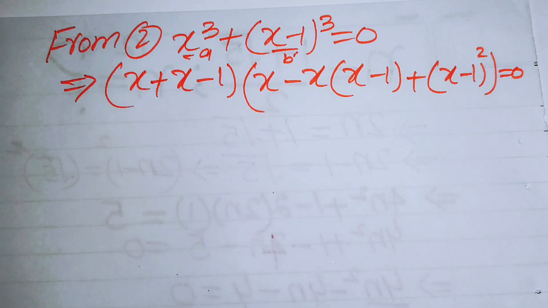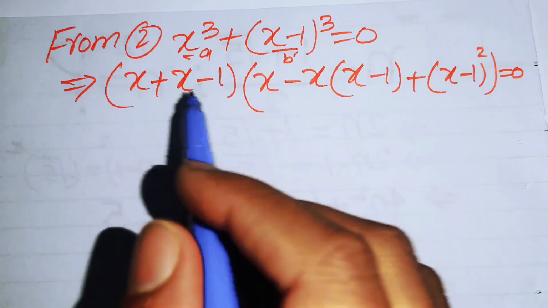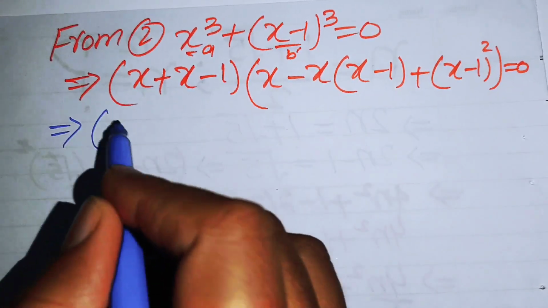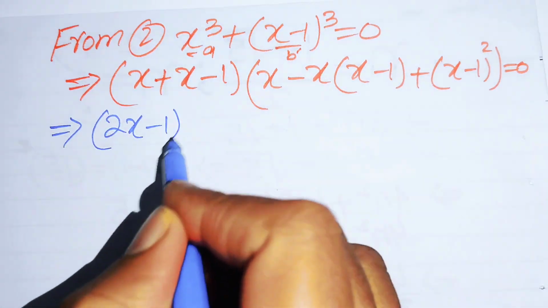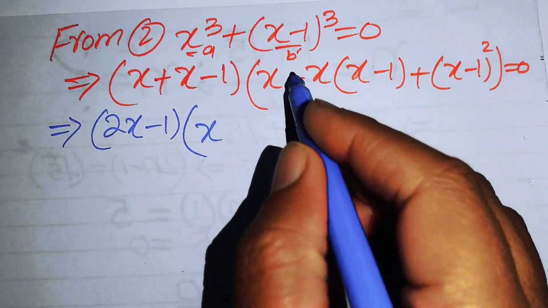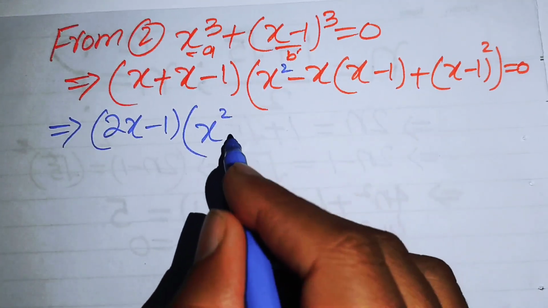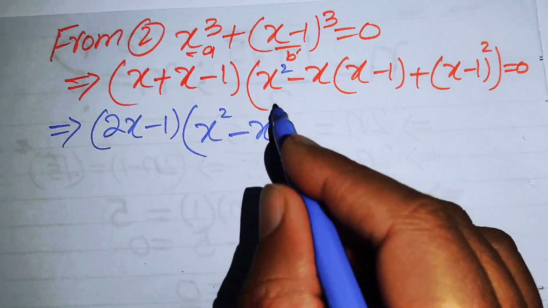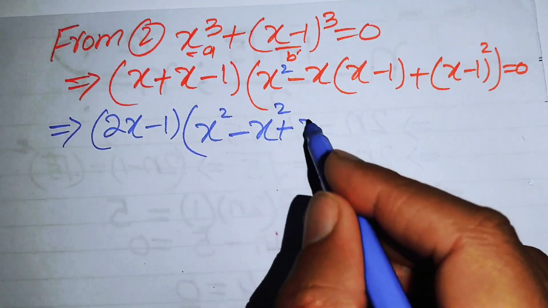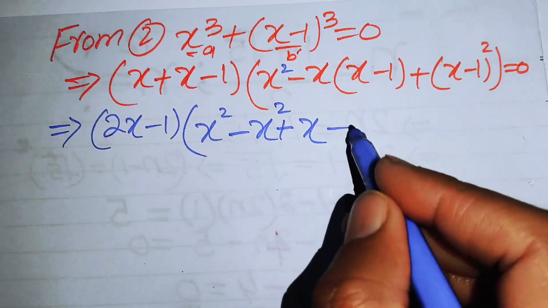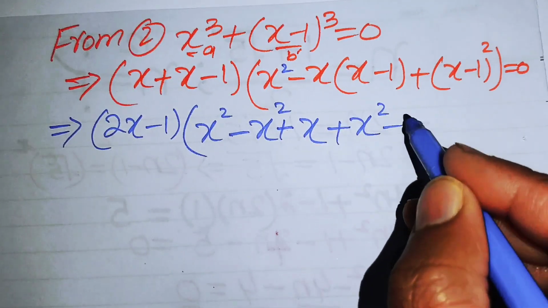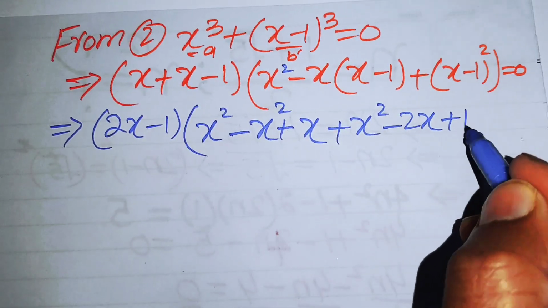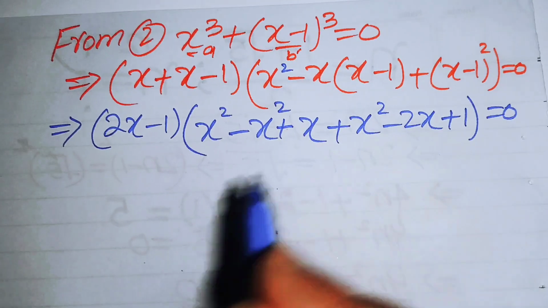And now in the next step we simplify this equation and we obtain 2 times of x minus 1 into, here we have x square minus, we multiply this x on both of the terms and you get minus x square and plus x, and we open this square and you get x square minus 2x and plus 1, and this whole equals to 0.